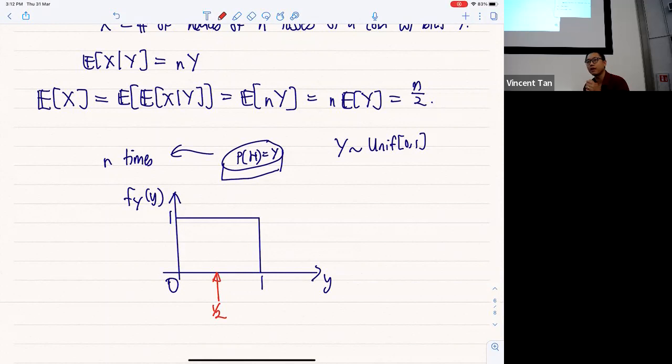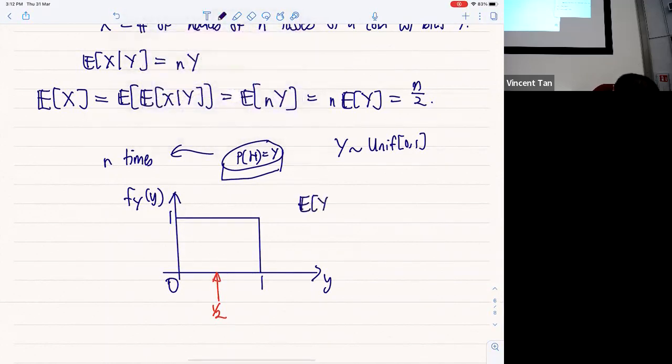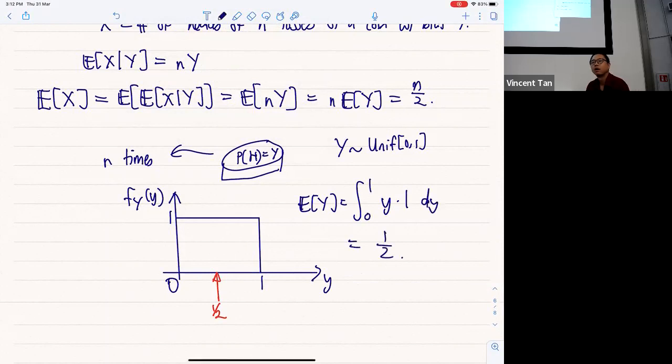If you have a uniform random variable, then the expectation is the middle, right? So we can actually perform this calculation. The expected value of Y is the integral of Y times 1 dy from 0 to 1, and this is half. Okay, there are two sources of randomness, remember.